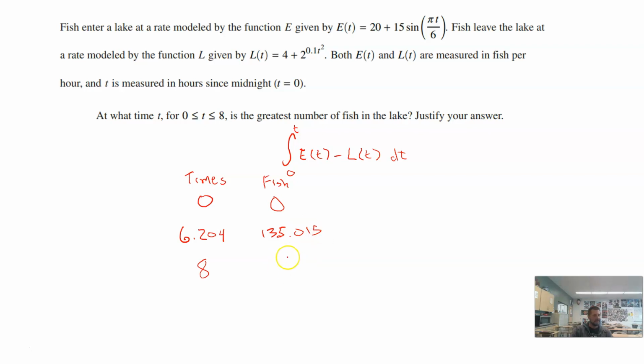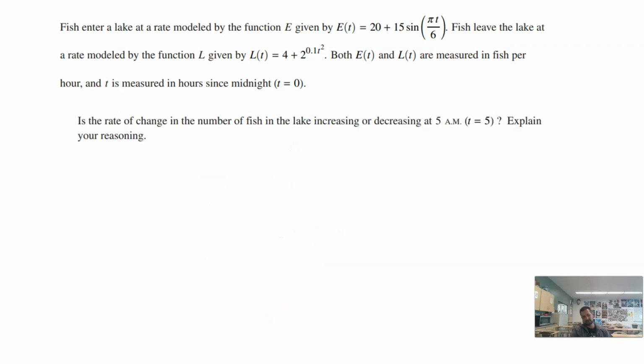And at time equals 8, you get 80.920 fish. So the time at which we have the greatest number of fish in the lake is at time equals 6.204. As long as you have your table here that takes all of your candidates into consideration, and we see that this number is the biggest, that's all the work that you have to show on this problem.